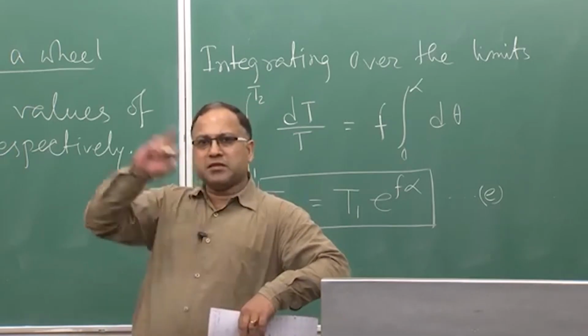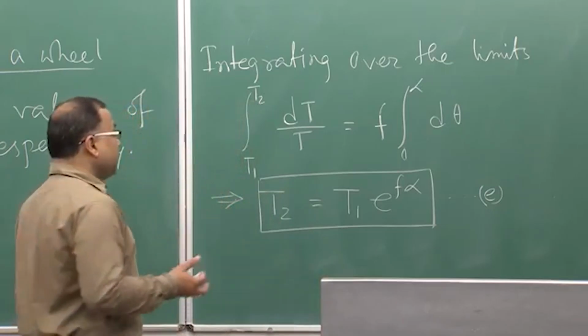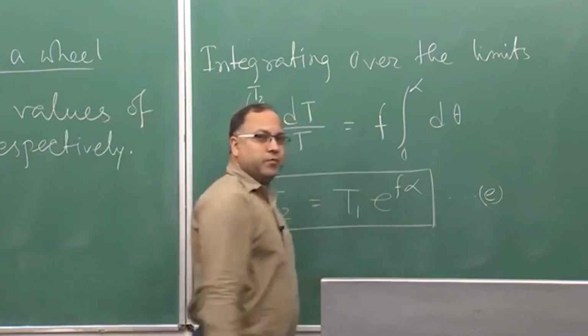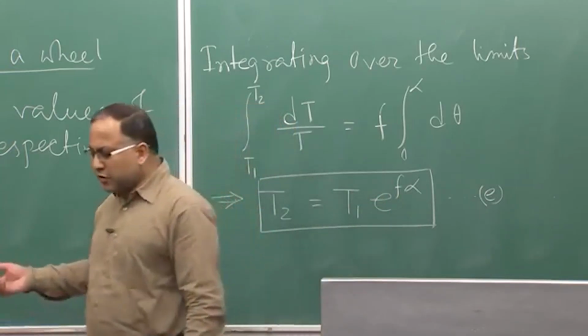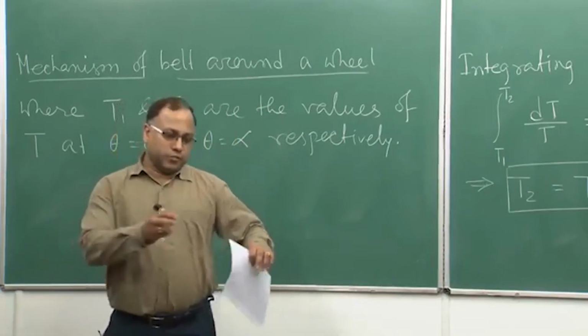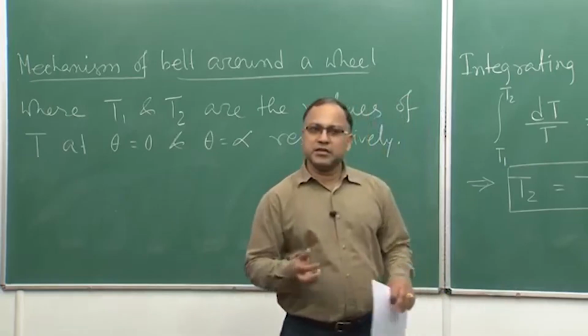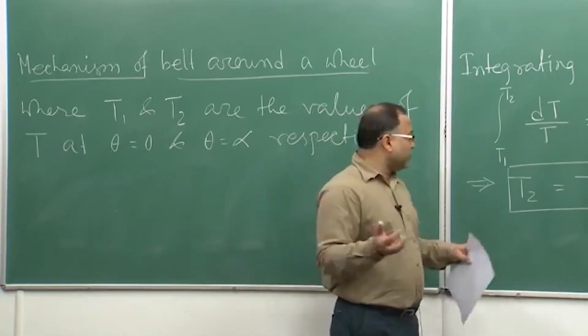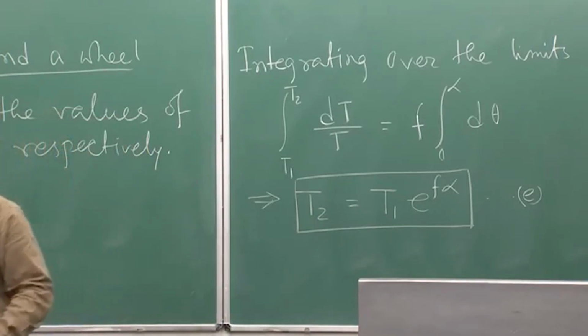Frictionless wheel means f is 0. If f is 0, then T2 will always be equal to T1, no matter which section of the belt you consider. That is immaterial, so you will get the same amount of tension all round.